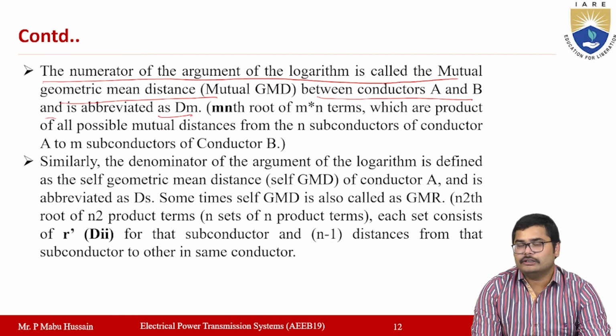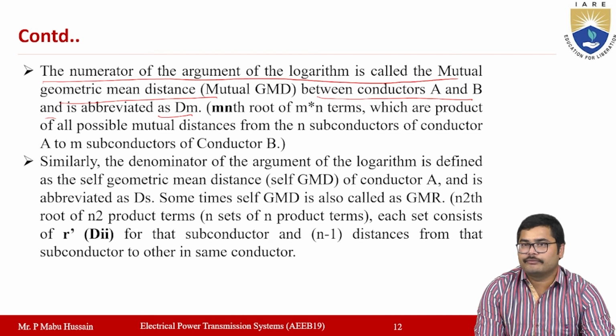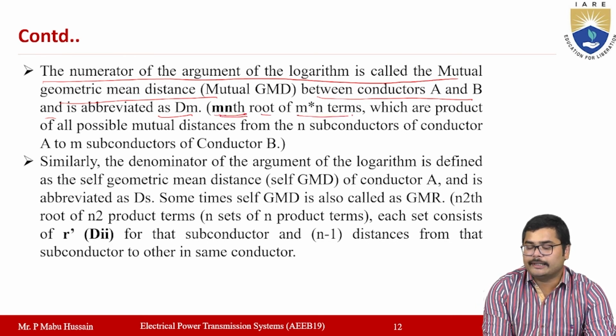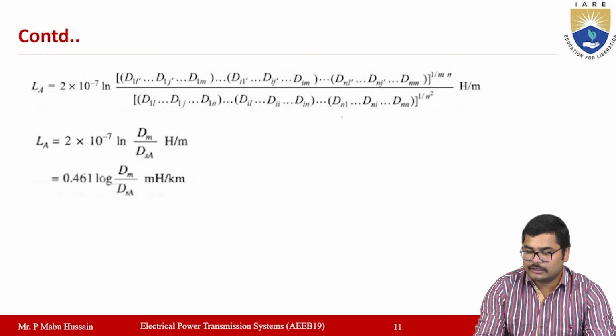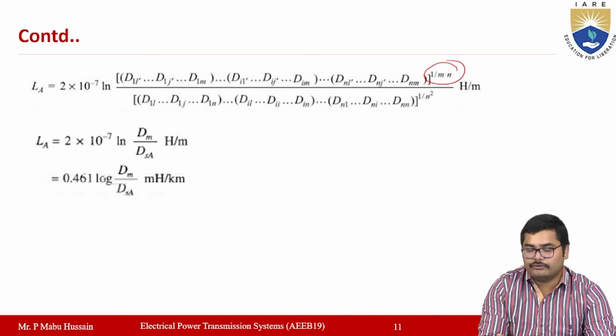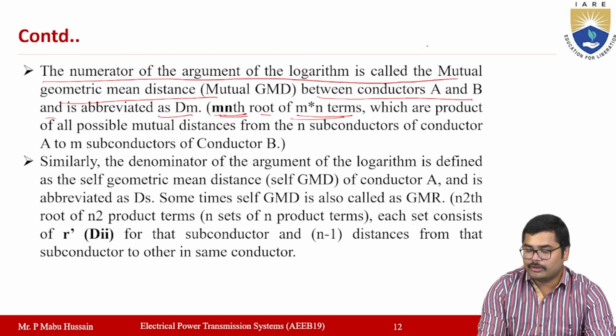That dm represents all the mutual distances between conductors A and B. This geometric mean distance is the mn-th root of mn terms, so this is 1 by mn, which means mn terms will be there.